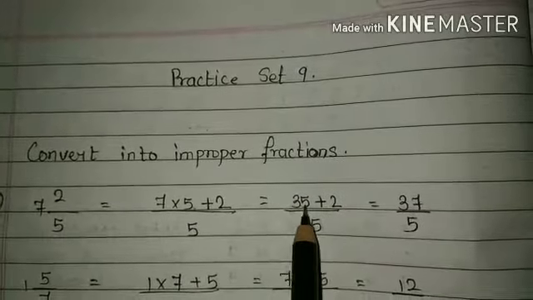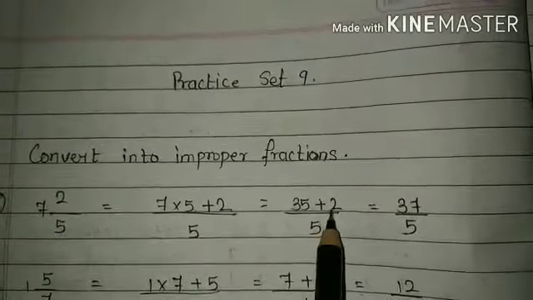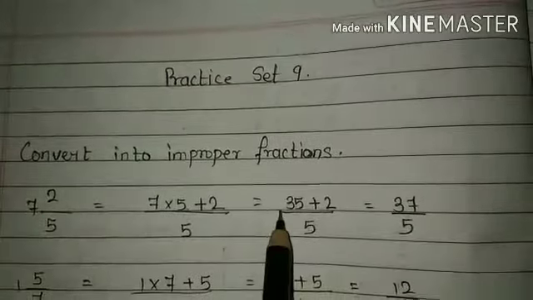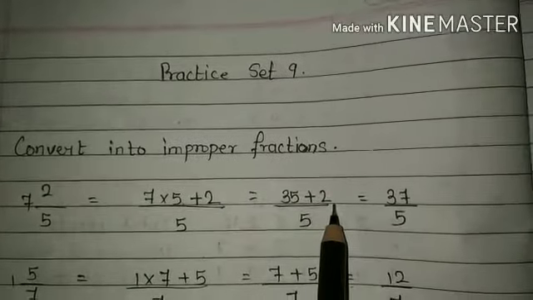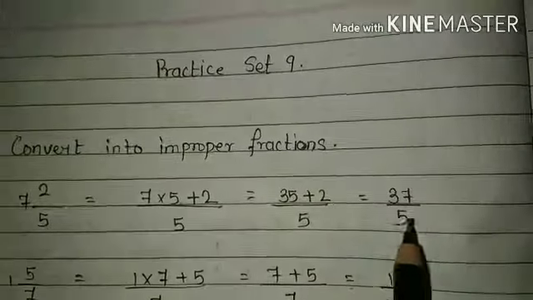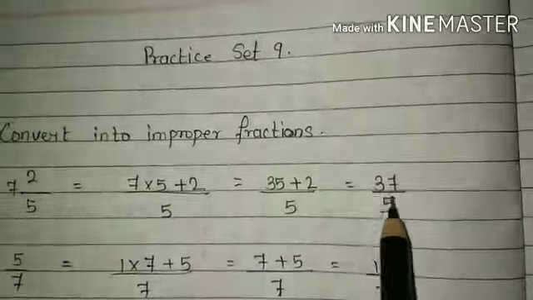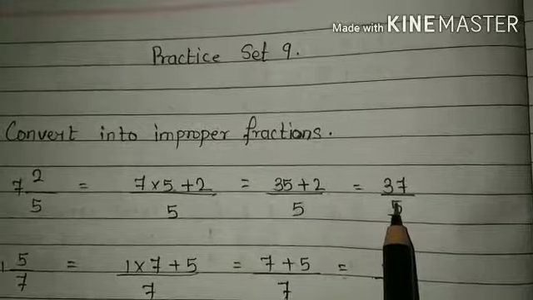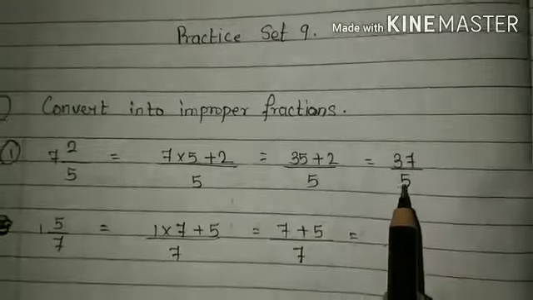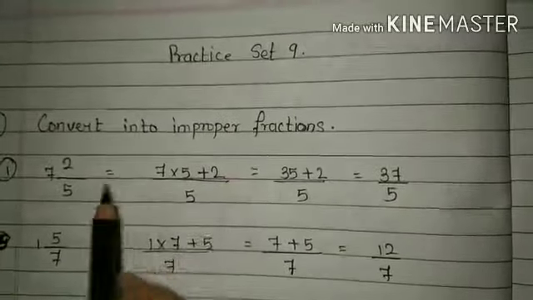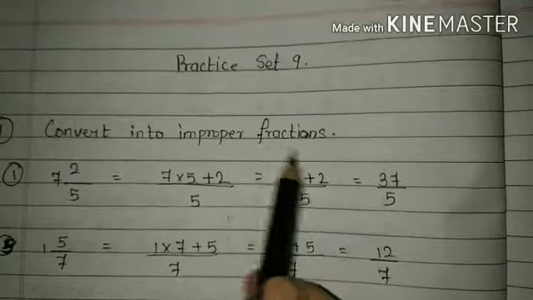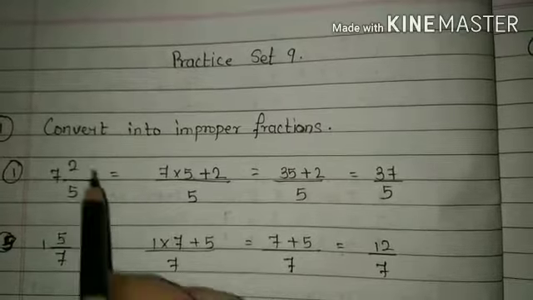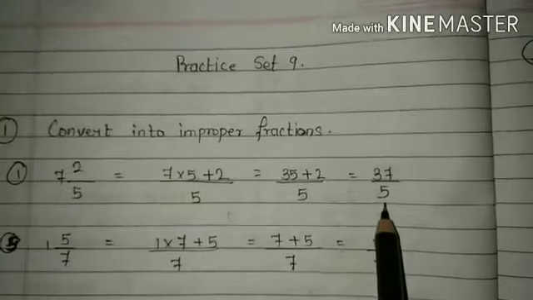We will write 35, then plus 2 upon 5. Then equals 35 plus 2, how much? 37. Okay. Then down we will write 5, that is the denominator, the same as it is. So this way we have to solve improper fractions. Here the mixed fraction was given and we have converted it into an improper fraction.